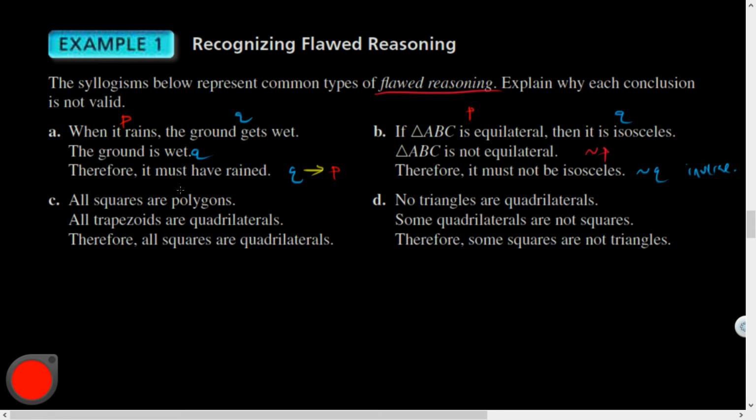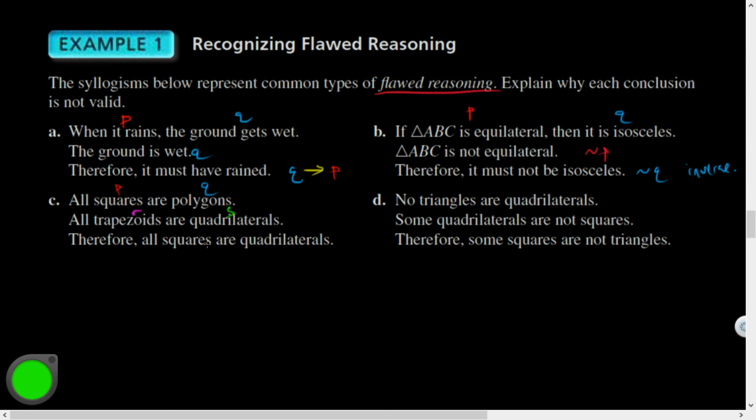Let's see. All squares are polygons. So if it's a square, then it is a polygon. All trapezoids are quadrilaterals. All right? That's new information. We'll call that R, all trapezoids. If it is a trapezoid, then it is a quadrilateral. We'll call that S. Therefore, all squares are quadrilaterals.